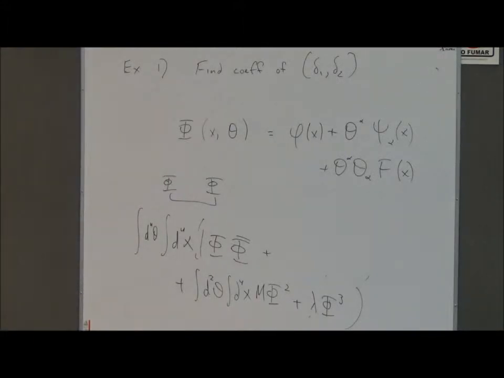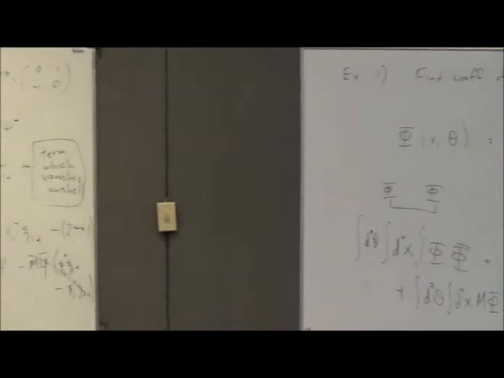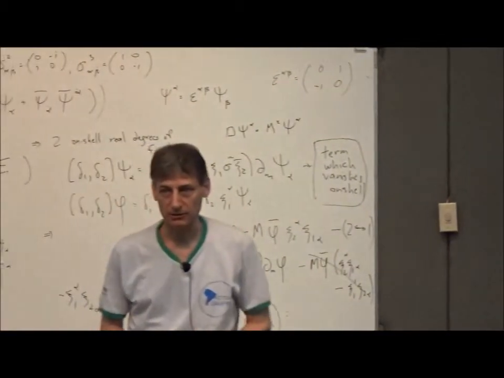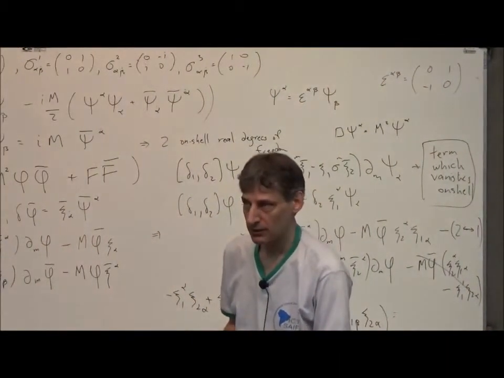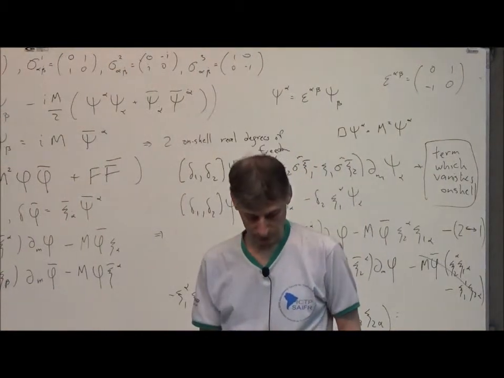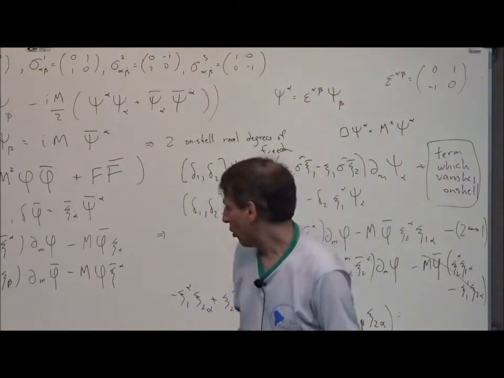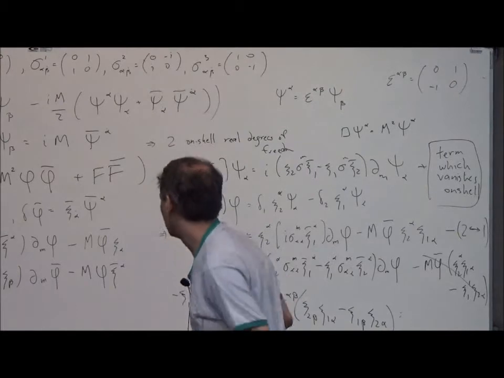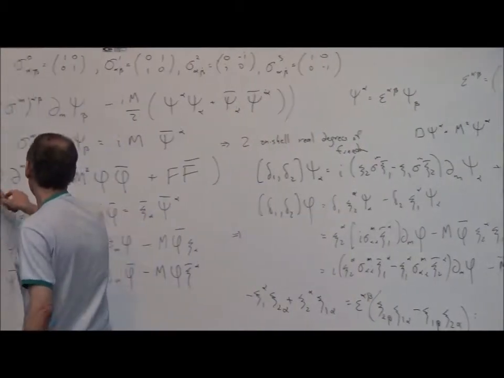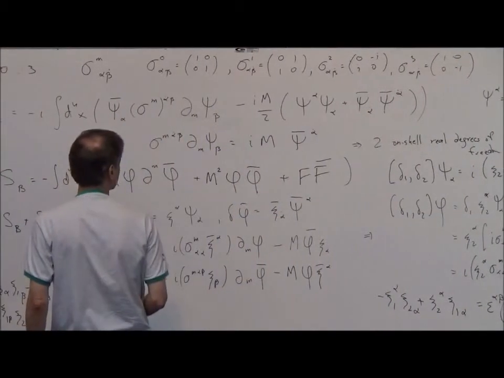You could do it without having manifest superspace, but then you would have to work harder to check if the interactions preserve supersymmetry. Any other questions? Okay, so this is one example where you have a complex scalar and a spinor.